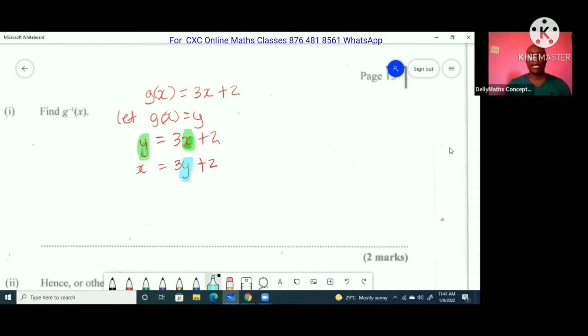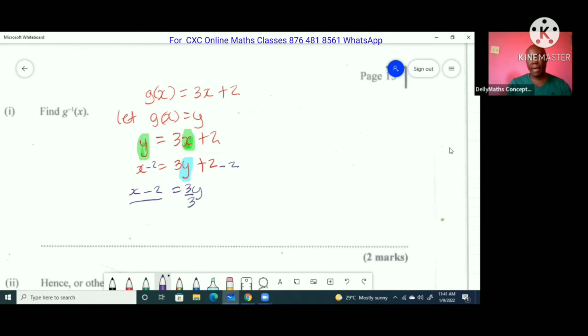So in order to do that, I'm definitely going to be working on the 2 here. So I'm going to subtract 2 from that side and subtract 2 from this. So I'm going to rewrite this. x minus 2 is equal to 3y. Remember, I only need the y. I'm going to divide by 3.